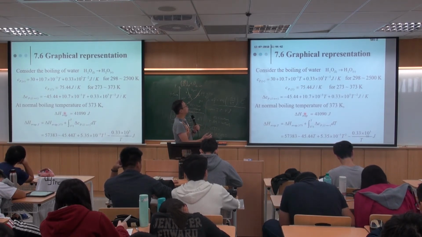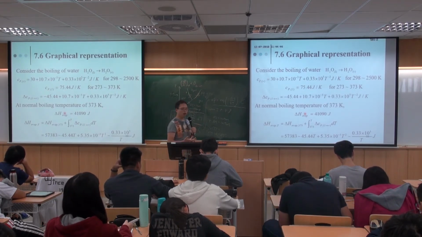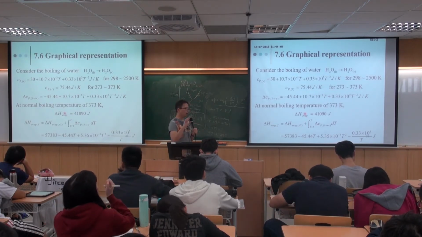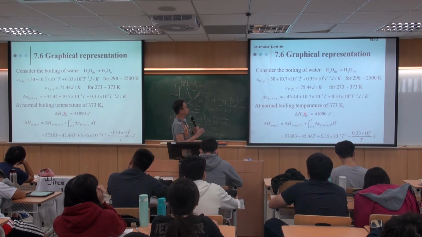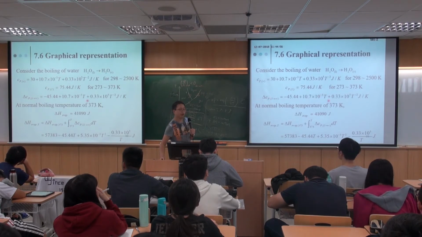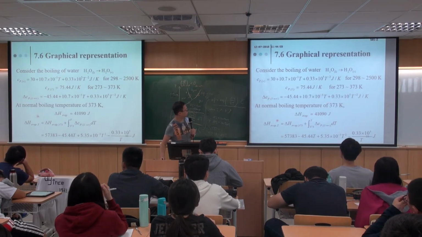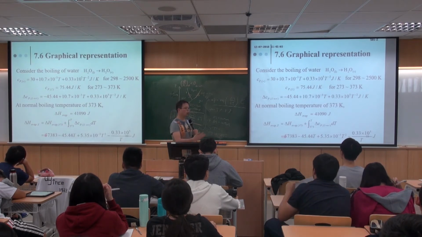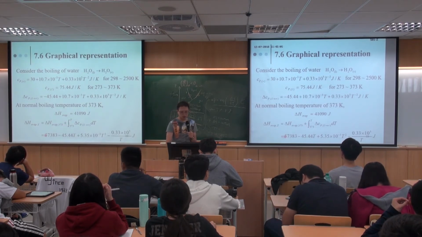If you know the Cp of water and water vapor, then you can estimate the delta Cp as a function of temperature. Then you can estimate or calculate delta H as a function of temperature. This is what you went through for chapter 6, right?